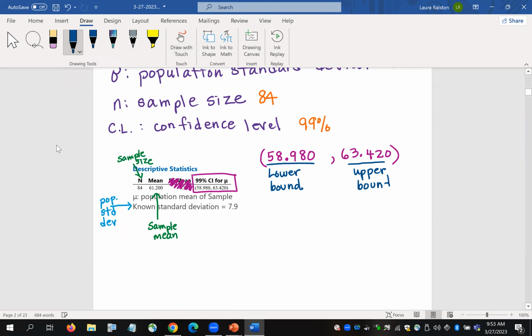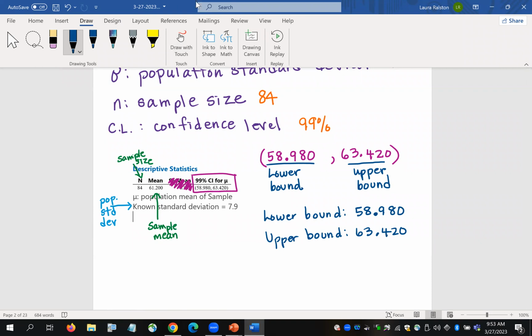So I know usually on the homework, on the midterm, it's going to ask you what is the lower bound. So you would simply write down 58.980. It's going to ask you what is the upper bound, and you would write down 63.420.